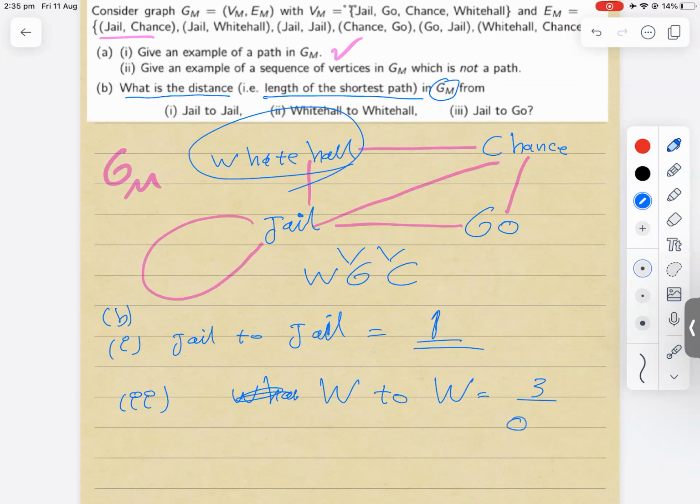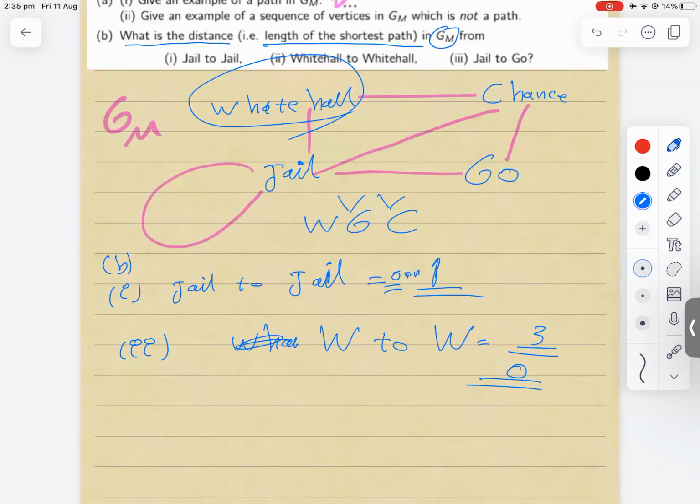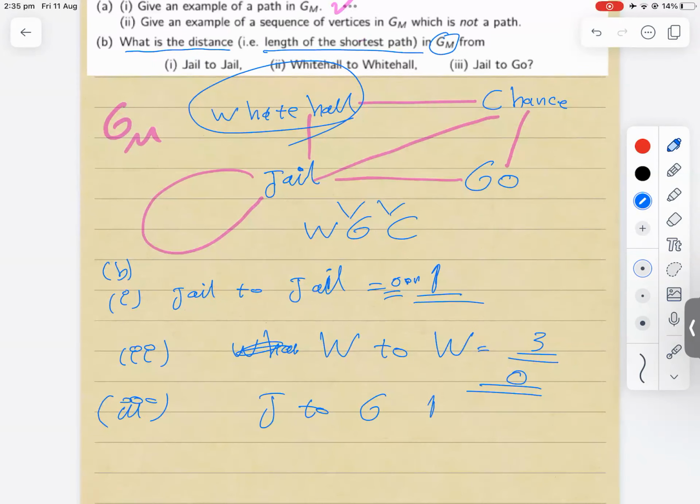So you can consider 0 as well. All right. Jail can also be 0 or 1. Now, J to G. Okay. 1, definitely. Okay, so let's give a pause.